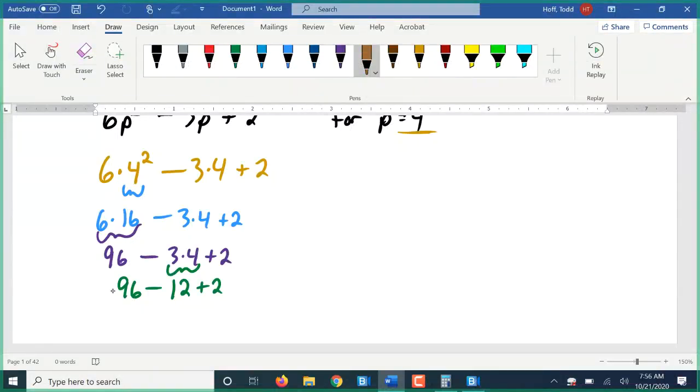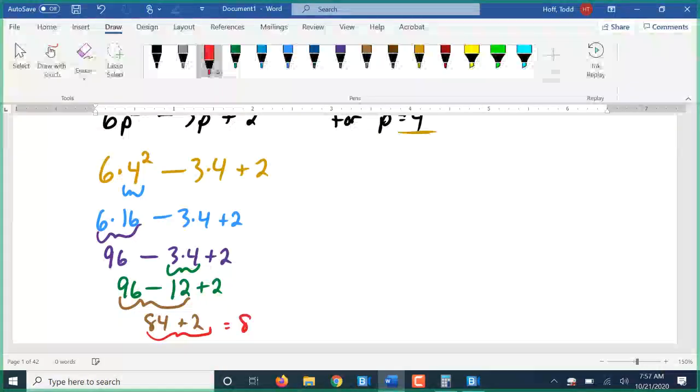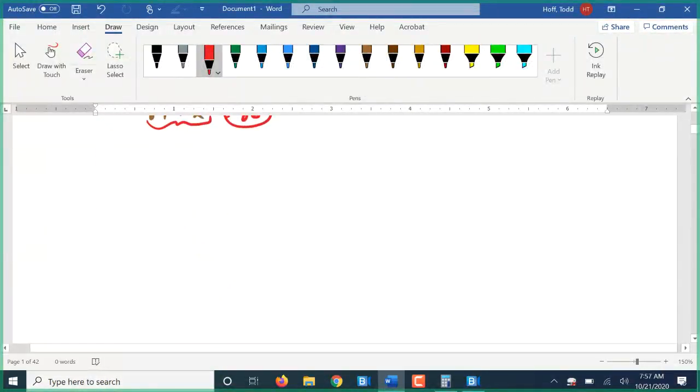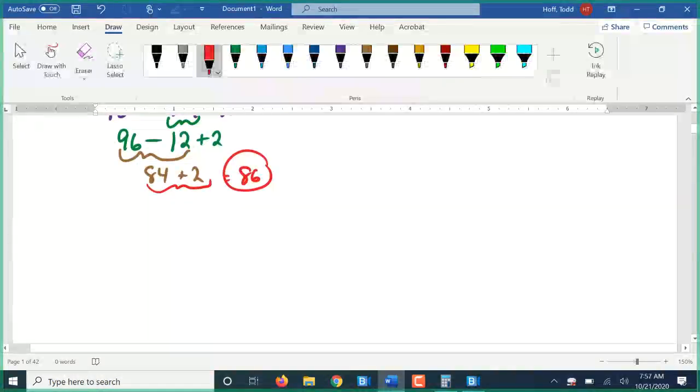Then we're going to go left to right. 96 minus 12 is 84. 84 plus 2 is 86. So we can evaluate those expressions by just replacing the letters with the numbers given for them, and then just doing our order of operations.